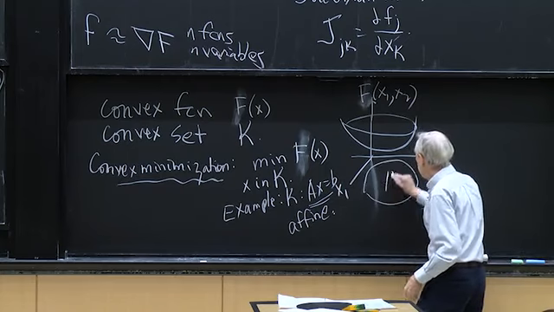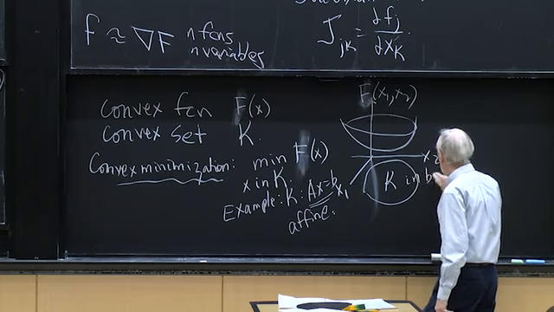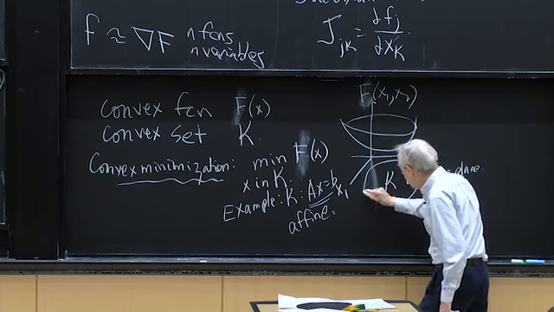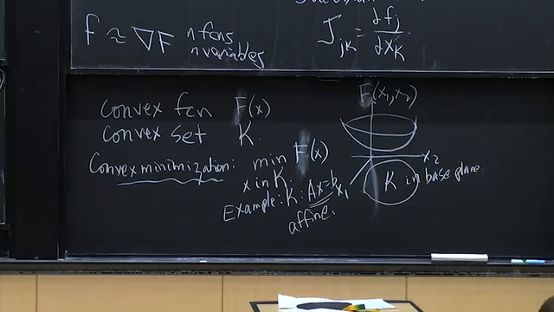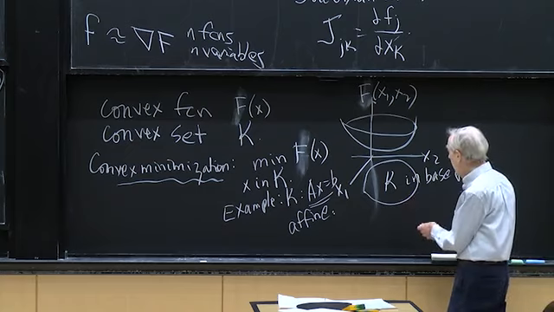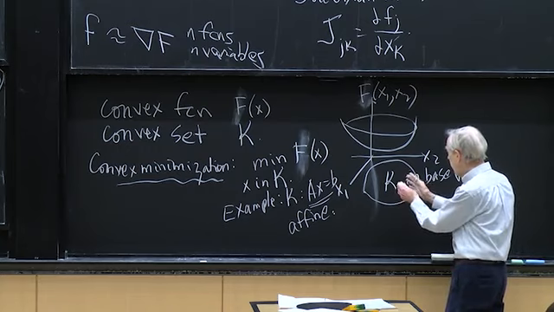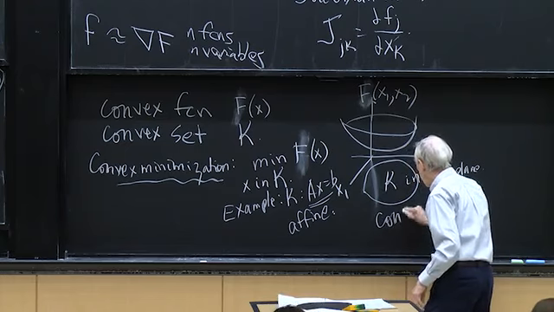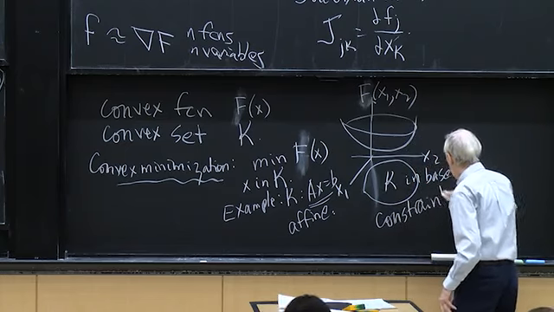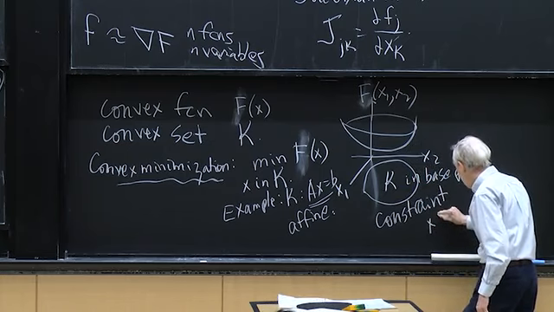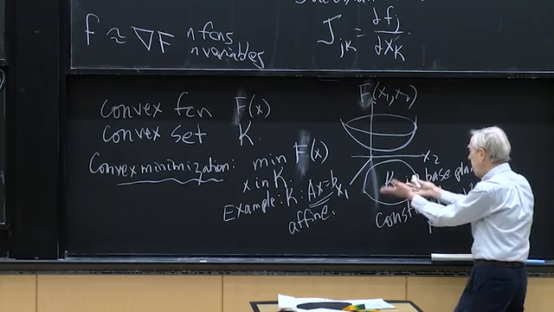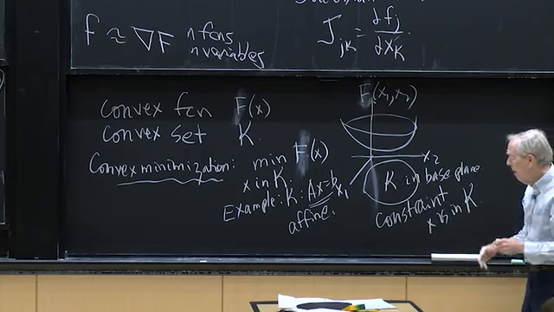Let me just put the convex set K in the base plane. And did I make it convex? I think pretty luckily I did. So the convex set is the constraint. So this is the constraint set. The constraint is that x is in the set K. Okay, and I drew it as a convex blob.